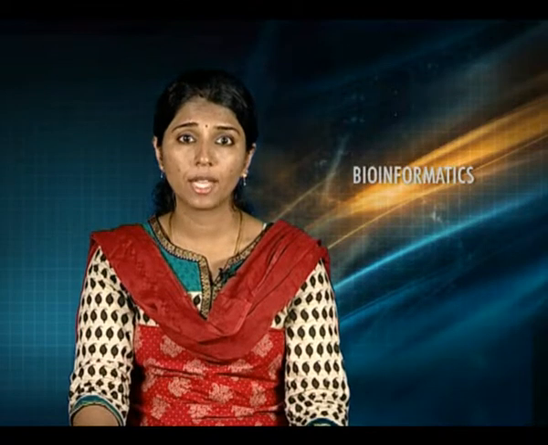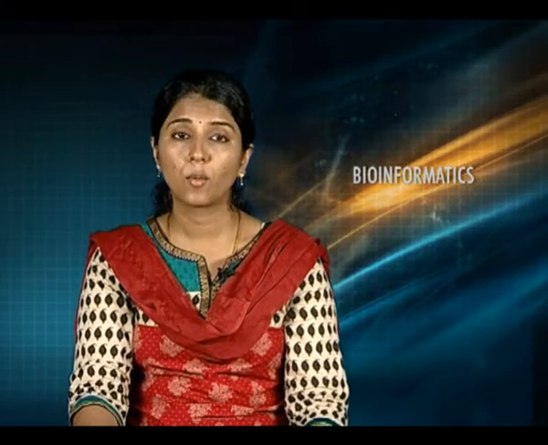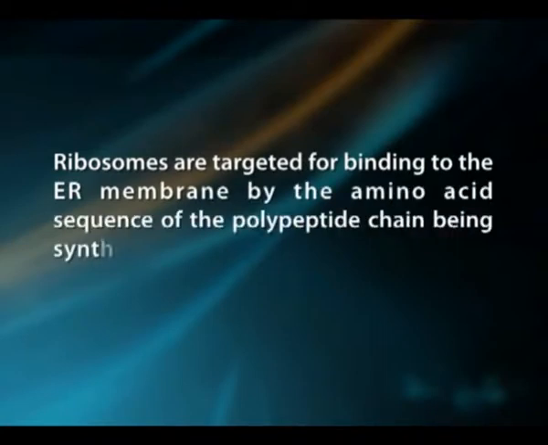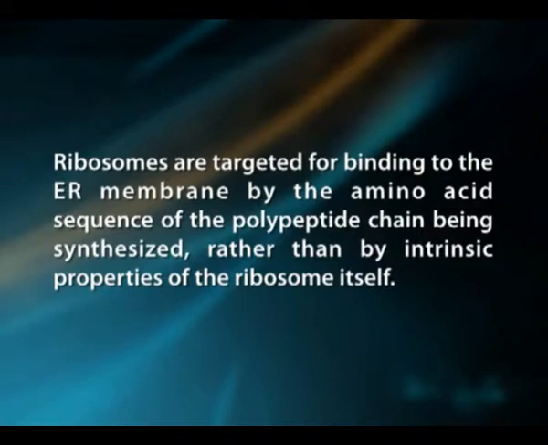The first step in the co-translational pathway is the association of ribosomes with the endoplasmic reticulum. Ribosomes are targeted for binding to the endoplasmic reticulum membrane by the amino acid sequence of the polypeptide chain being synthesized, rather than by intrinsic properties of the ribosome itself.